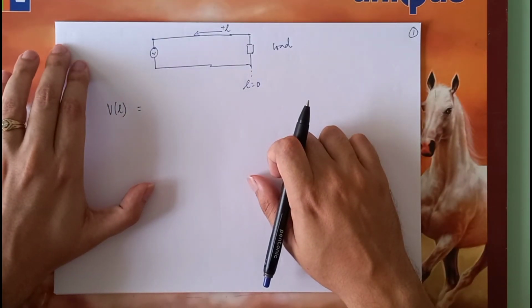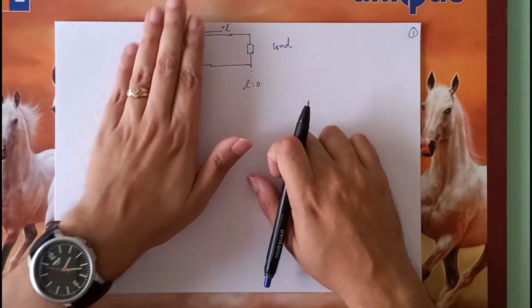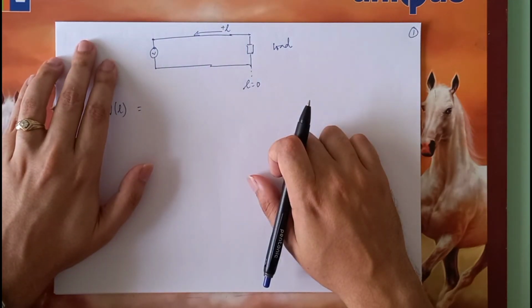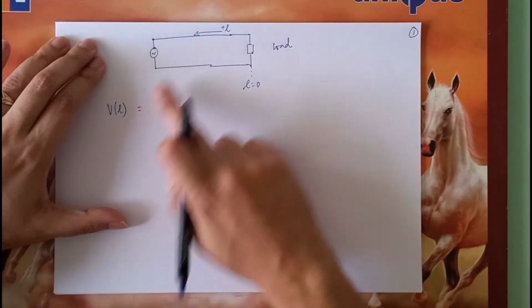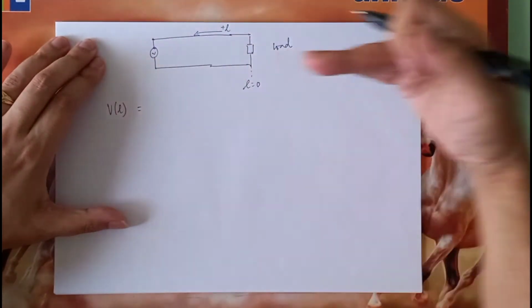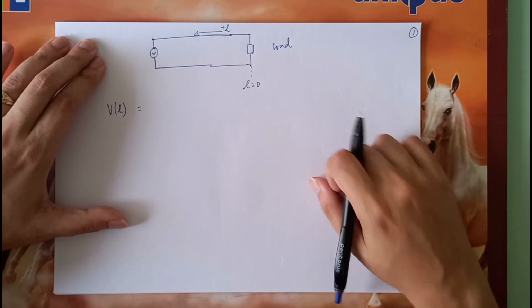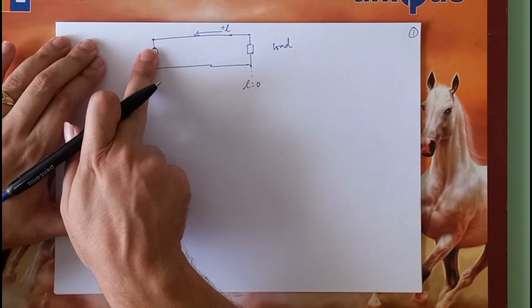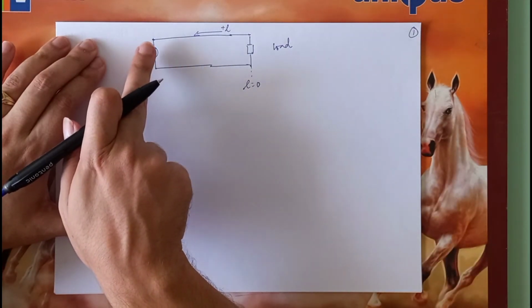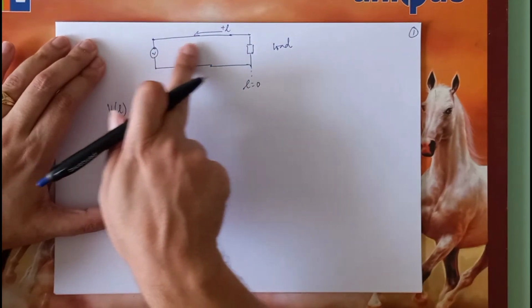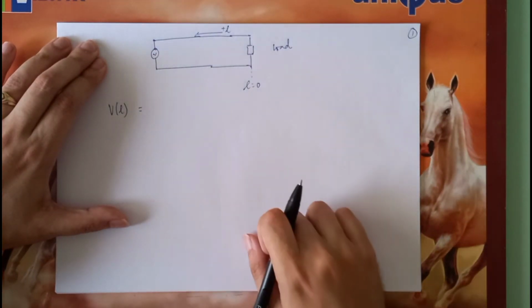This is of course a steady state solution, which means that this arrangement has been on for a long time, because the reverse wave, that is the wave from right to left, would only exist if the original wave going from the source to the load hits the load at least once.